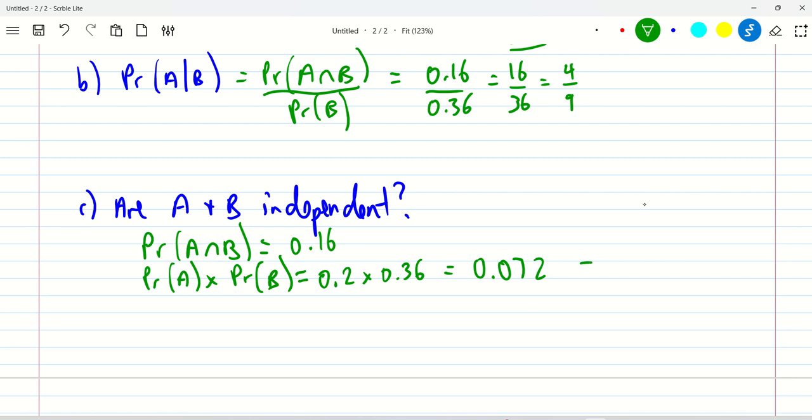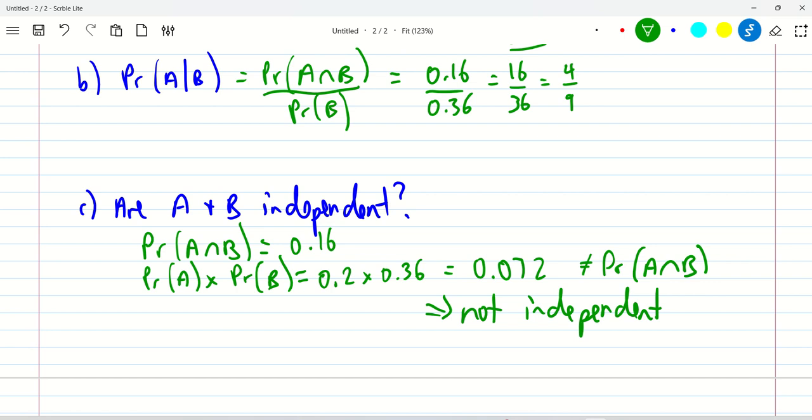And because this is not equal to the probability of A intersect B, they are not independent. Remember, if the probability of A intersect B equals the probability of A times the probability of B, then they are independent. But that is not true, so they are not independent. Hope that makes sense. See you in the next video.